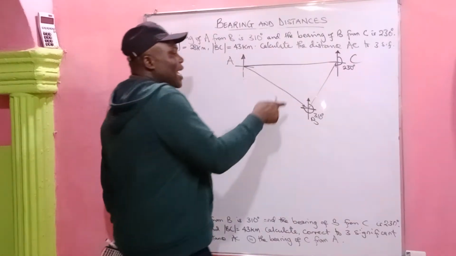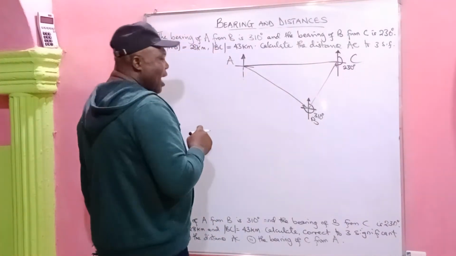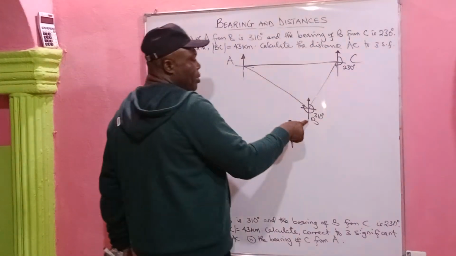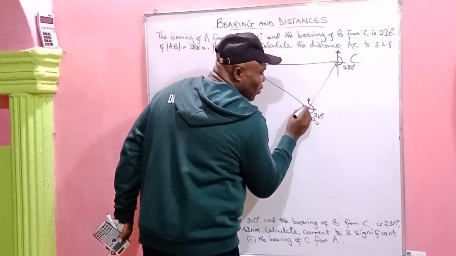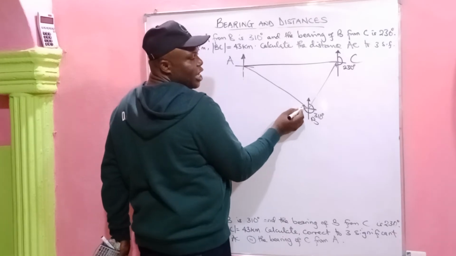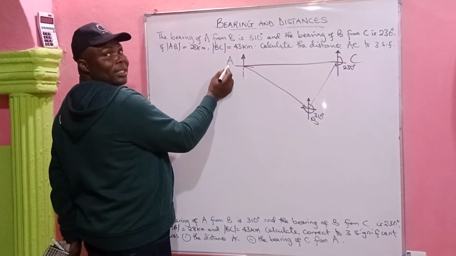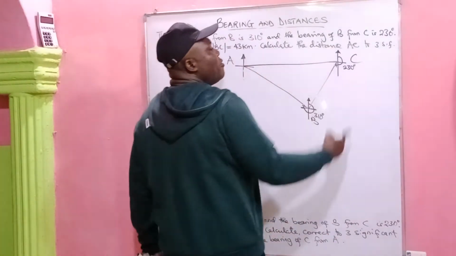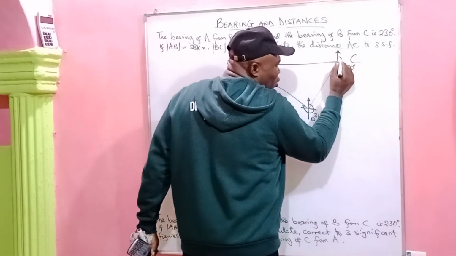What we need is an angle inside. How do we define the angle? They say the bearing of A from B, so from B to define A we have to move 310 clockwise, which is above 270. It takes you to the 4th quadrant, so when you draw that line, it takes you to point A. And the bearing of B from C is 230, which will definitely cross 180.